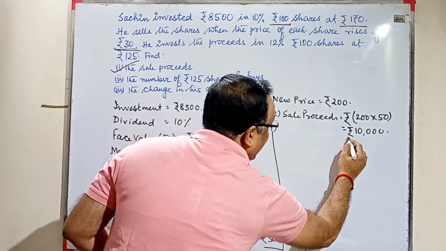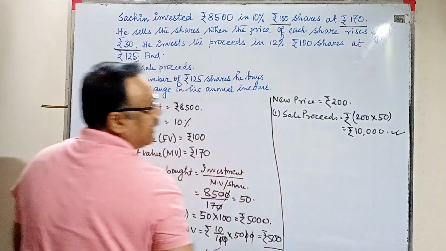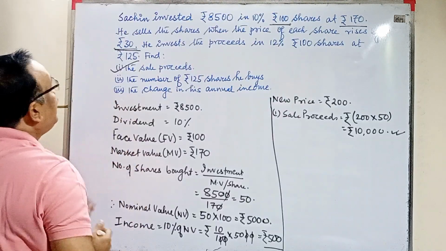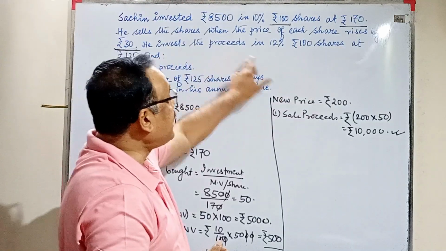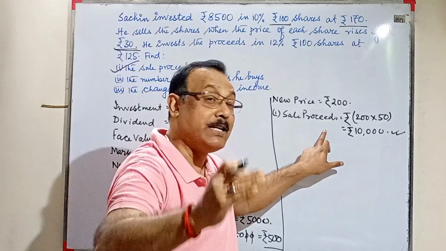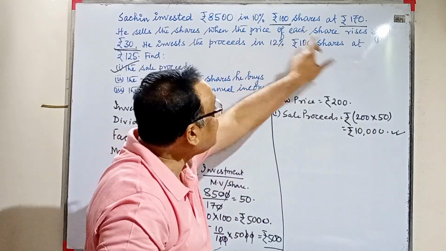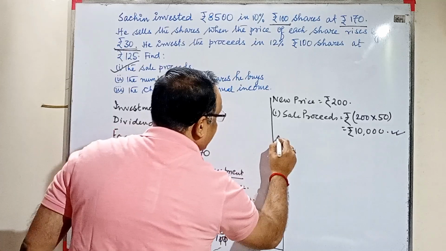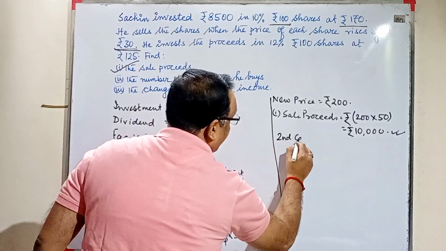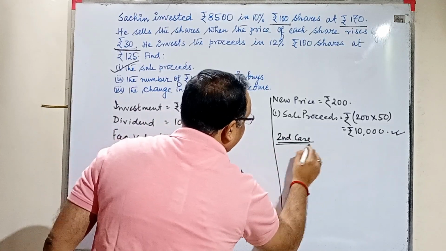Now this is the money which he got after selling the shares. Now it is said he invests the proceeds. That means whatever the person got after selling the shares, he is investing in a second type of share. So second case. In the second case, what is happening?